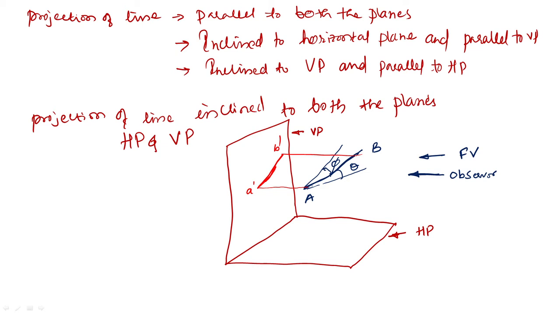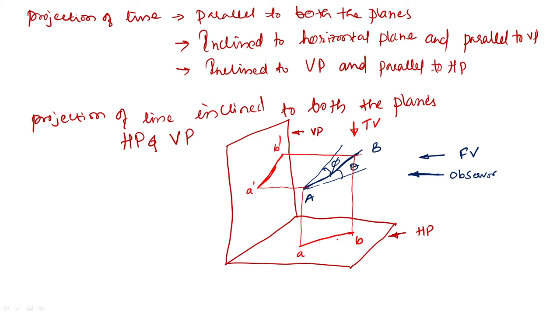Similarly, the traces of the points are going to fall on the horizontal plane. It is the top view, A and B. So when you look from the top, you are going to get AB.